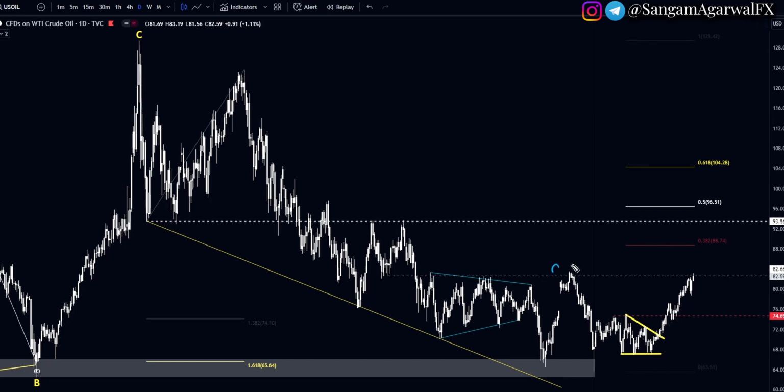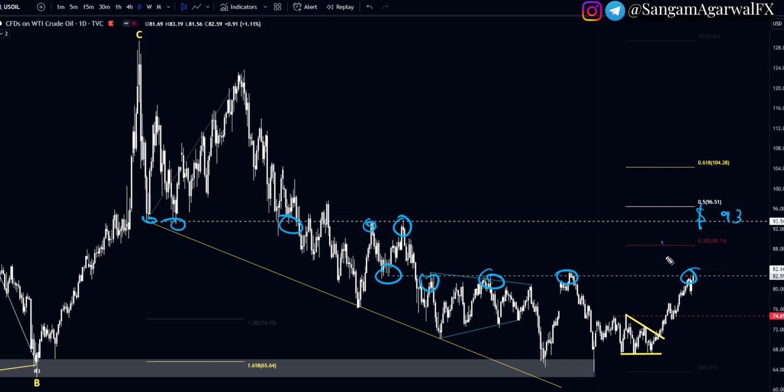Oil daily time frame, after retesting this key horizontal resistance at 82, it came down, a big red candlestick, but immediately OPEC announced a production cut. So this is bullish for oil, and there is a good chance this level can break out and price can hit the 93 level.